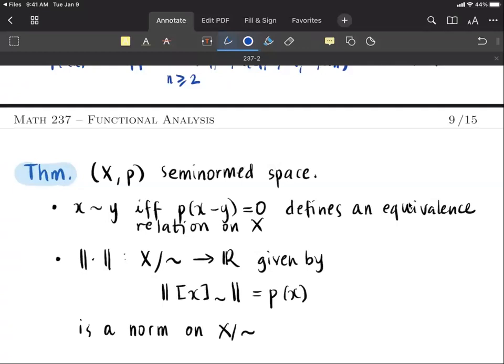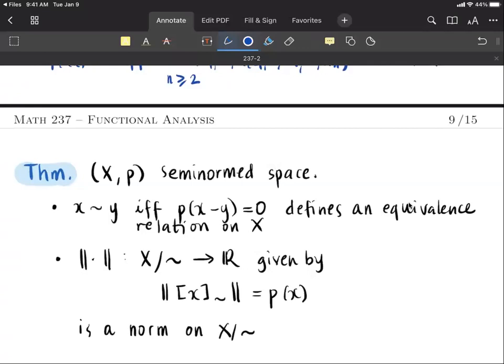It is reflexive, which follows from the fact that the seminorm of the 0 vector is 0. This relation is also symmetric. This follows from the homogeneity of the seminorm. And finally, this satisfies the transitivity property since the seminorm satisfies the triangle inequality.